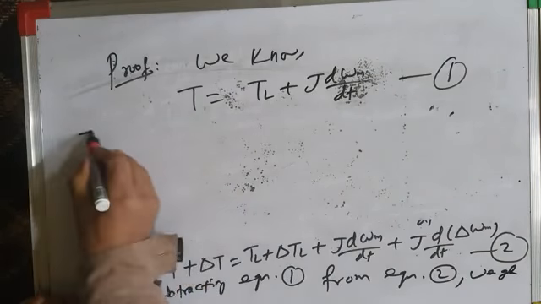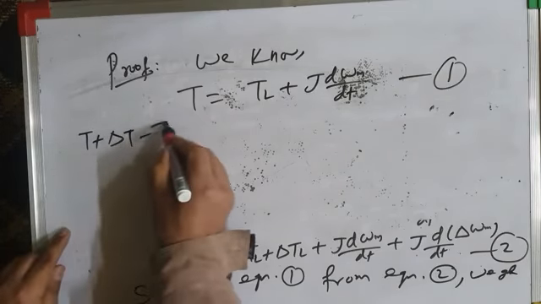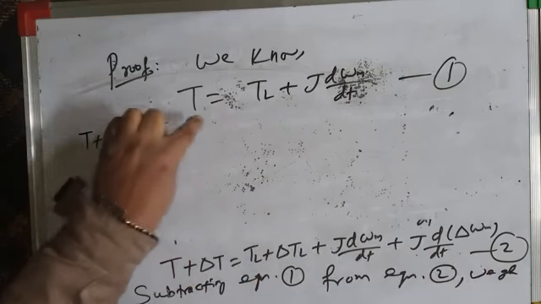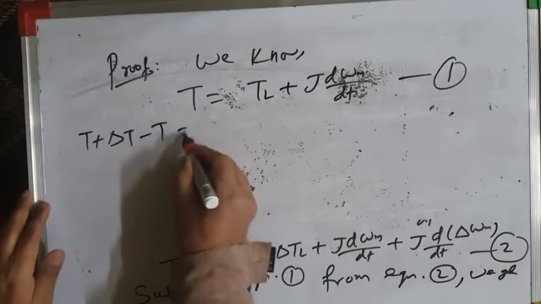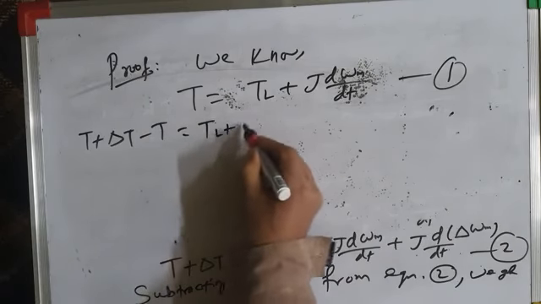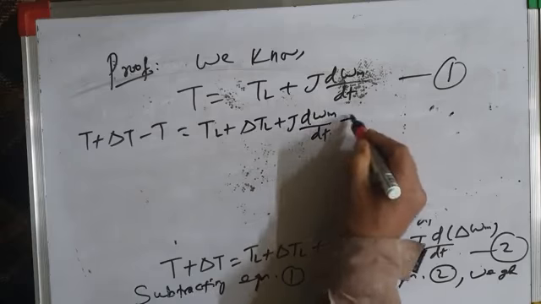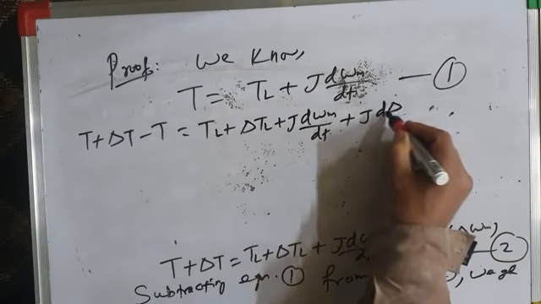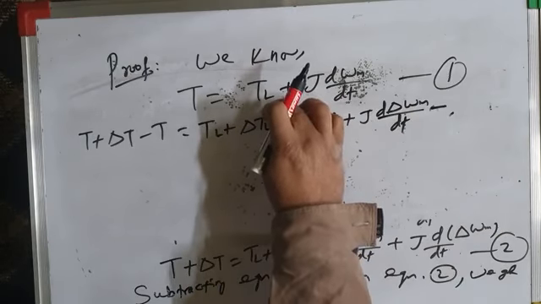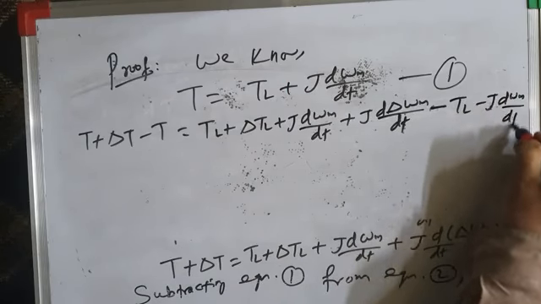So it is T plus delta T, the left hand side of equation 2, minus T, the left hand side of equation 1, is equal to the right hand side of equation 2, which is TL plus delta TL plus J d omega m by dt plus J d delta omega m by dt, minus the right hand side of equation 1, which is TL plus J d omega m by dt. So what do we get?